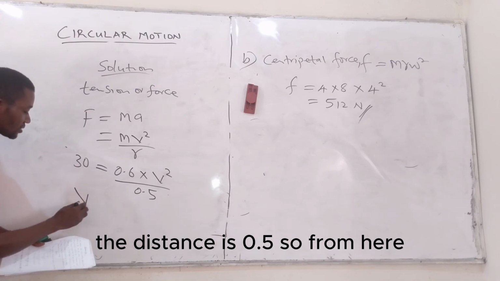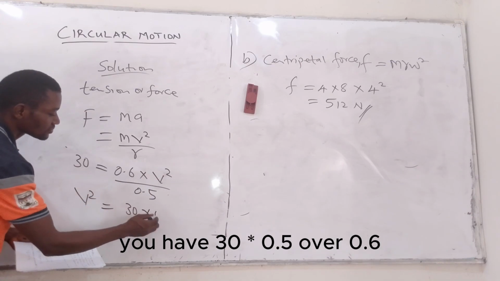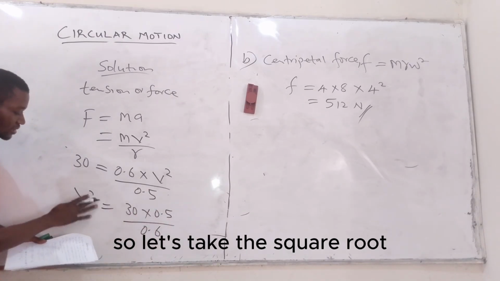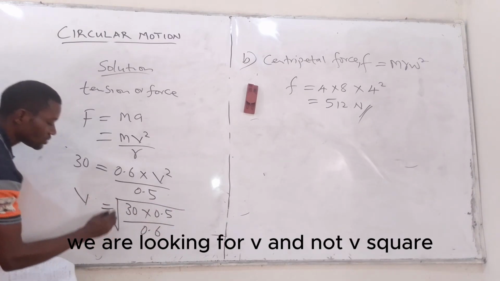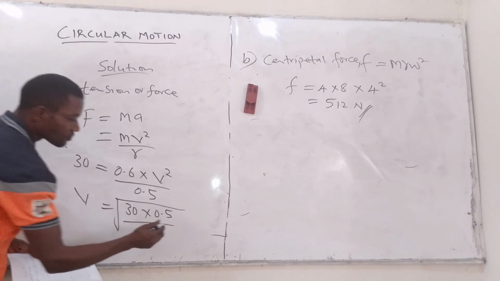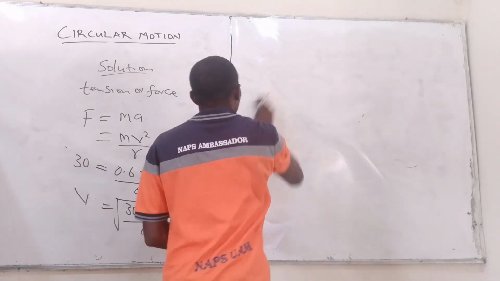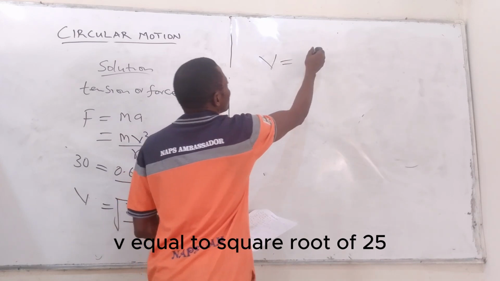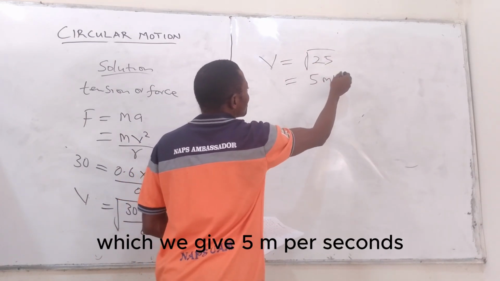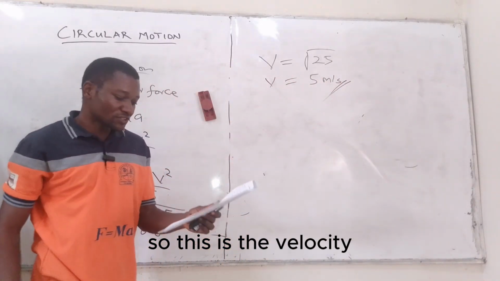Making the velocity subject of the formula, you have 30 times 0.5 over 0.6. Let's take the square root, because we are looking for v and not v squared. If we simplify this, we will have v equal to the square root of 25, which gives 5 meters per second. So this is the velocity.